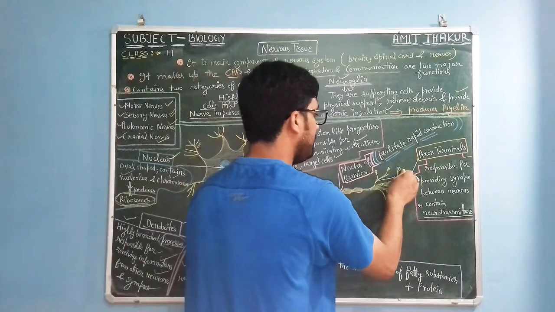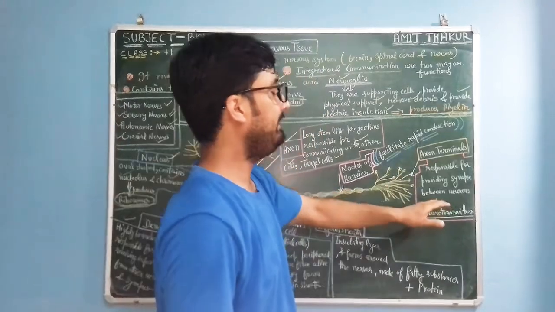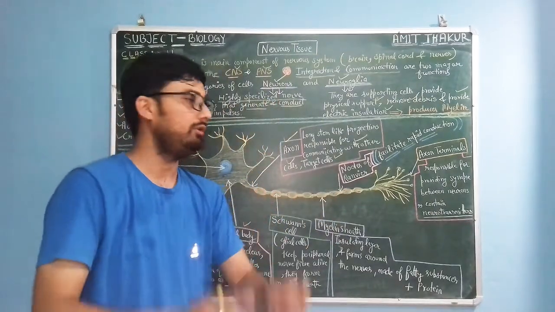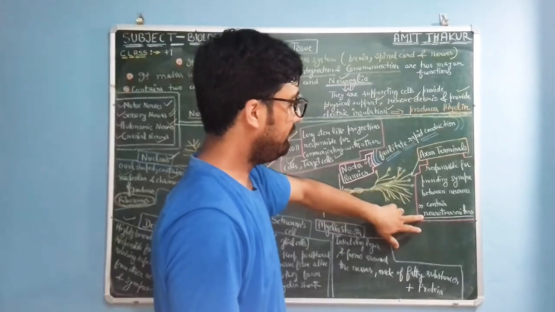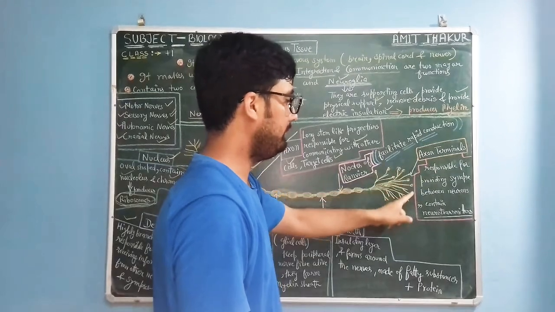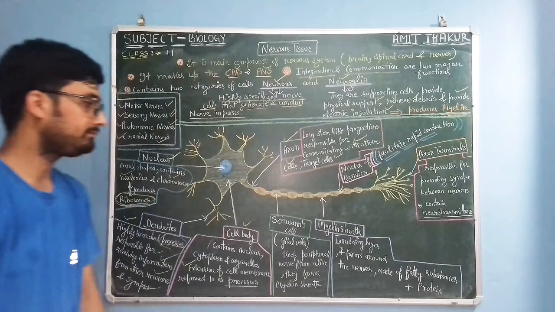The synaptic nodes are there. They are responsible for providing synapses between neurons. A synapse is a junction or bridge between two neurons. This part of the axon terminal contains neurotransmitters.